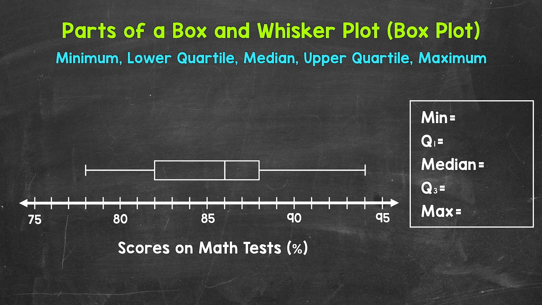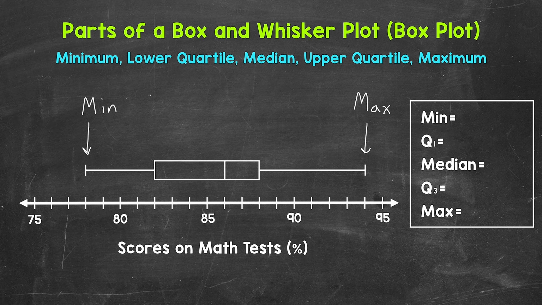Let's start by finding the minimum and maximum. So we're going to start on the outside and work our way in. Now, the minimum and maximum are just the smallest and largest numbers in value within the data set. This part of the box and whisker plot is going to be the minimum, and then this part is going to be the maximum.